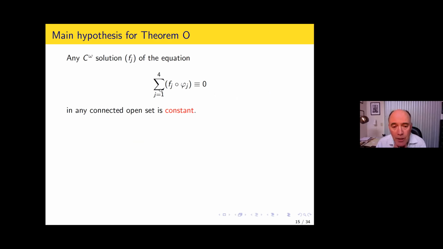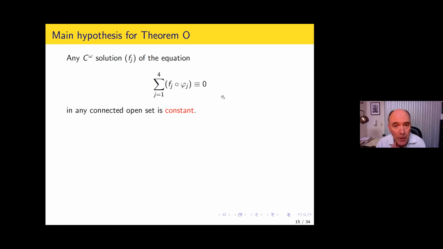Notice that here we do not have variable coefficients. Here we have constant coefficients only. That's the main hypothesis for the oscillatory theorem, but there are some other hypotheses.